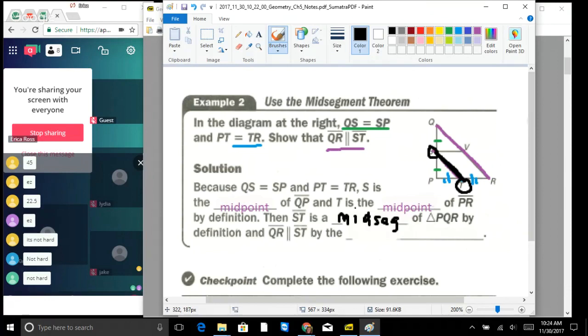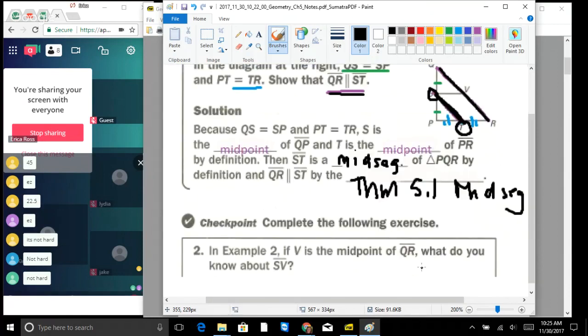So if ST is the mid-segment of PQR, then by the theorem, we know that the mid-segment is always parallel to the third side. So we know that QR and ST are parallel because of theorem 5.1, the mid-segment theorem. Cool? Okay.